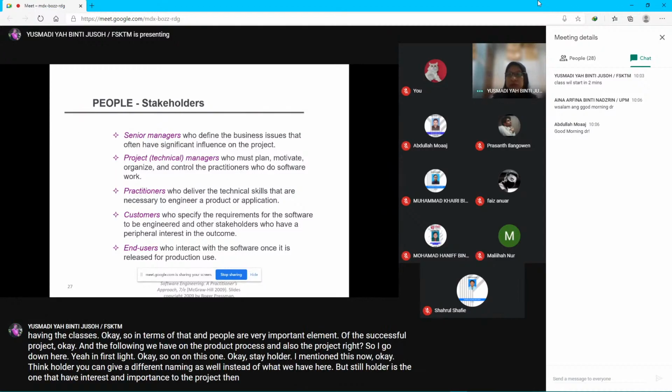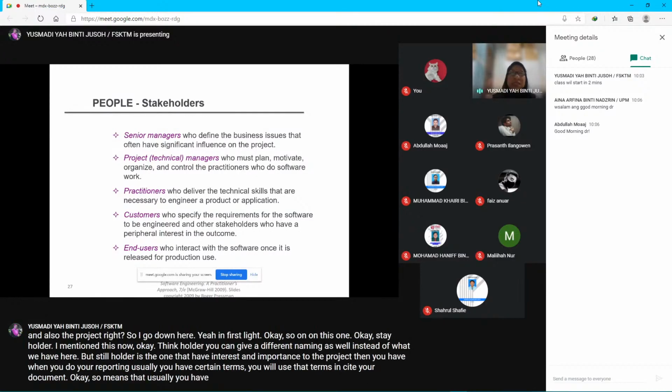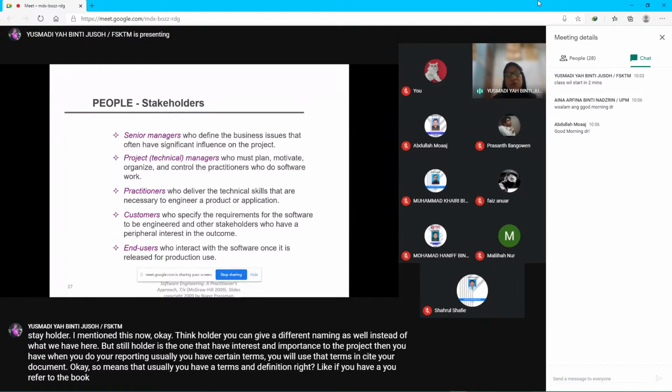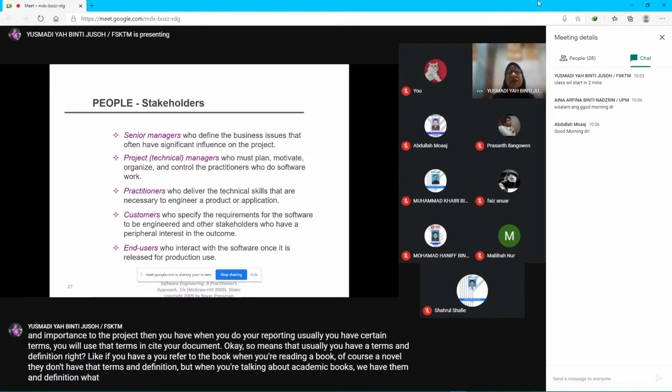When you do your reporting, usually you have certain terms that you use inside your document. So usually you have terms and definitions, right? When you're reading a novel, they don't have terms and definitions, but when we are talking about academic books, we have terms and definitions of what the terms mean.